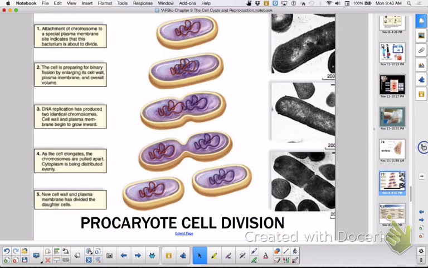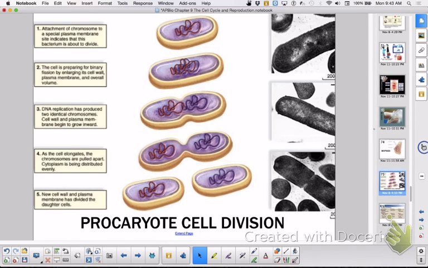Okay? All right, that is the end of the cancer talk. There's just a little tiny bit here at the very end about prokaryotic cell division. Prokaryotes have a single circular chromosome located in the nucleoid region, and you already learned about that.